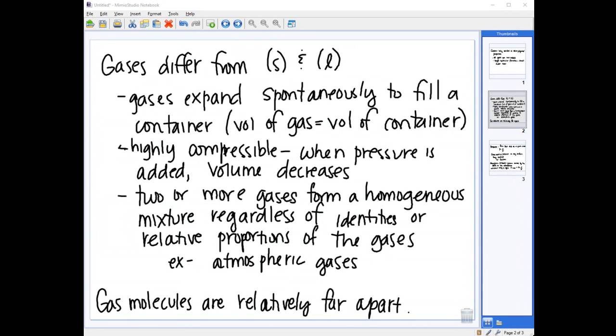So when we have our gases in this container and we start to increase the pressure, basically we can have some type of a container where we can compress the top of it. Think about a bicycle pump.